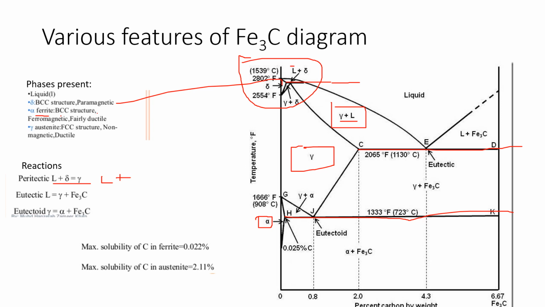Liquid plus delta, when we heat it or when we cool this down, we will get austenite.